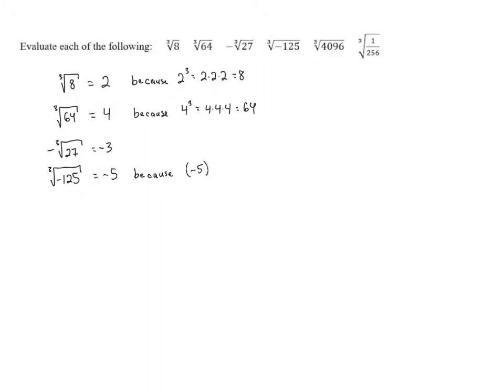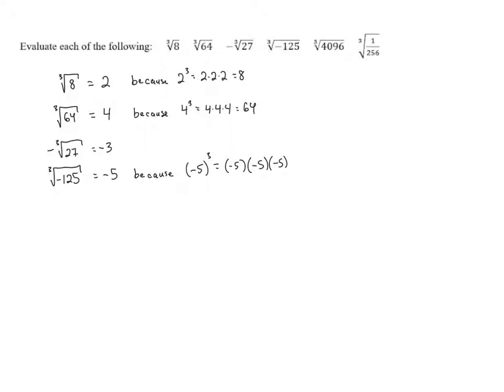If we take -5 cubed, that's going to be -5 times -5 times -5. And when we multiply the first two, a negative times a negative is a positive 25. And then when we multiply that by -5, the final answer is -125.